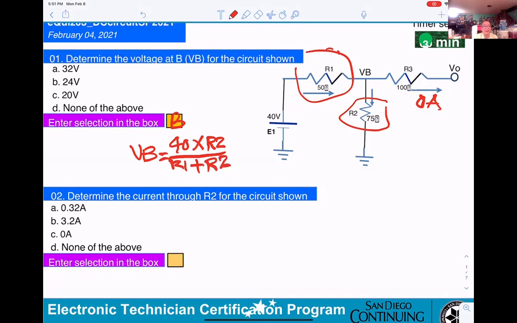That's the voltage divider law. If you open your handout number 1 for DC and look into the voltage divider law, make sure if you have any question, bring it up.